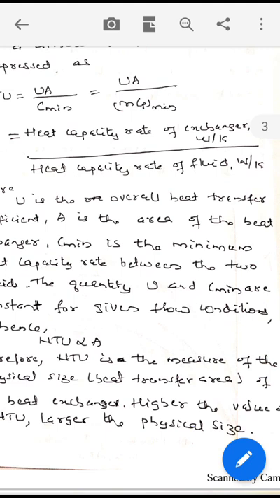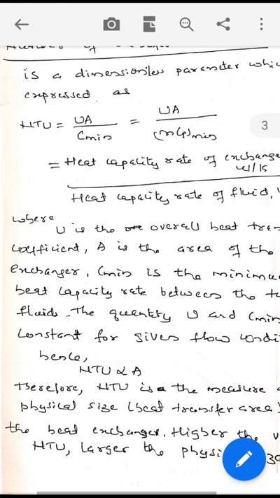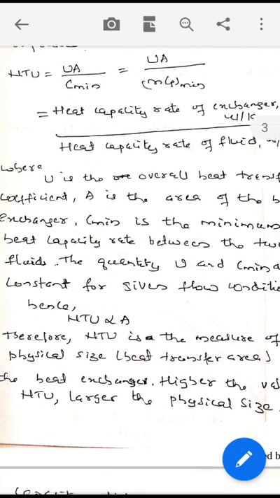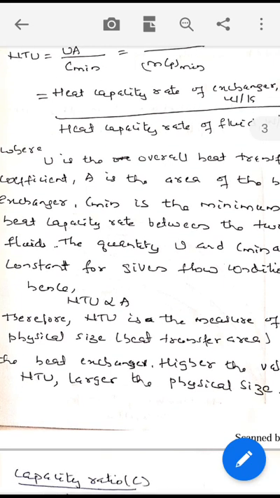As U and C minimum are constants for a particular type of heat exchanger, NTU varies with A. The larger the value of A, the larger is the value of NTU. NTU is an indication of the size of the heat exchanger.